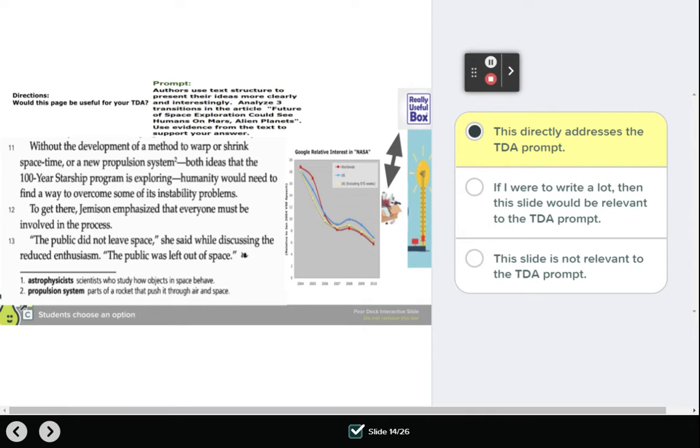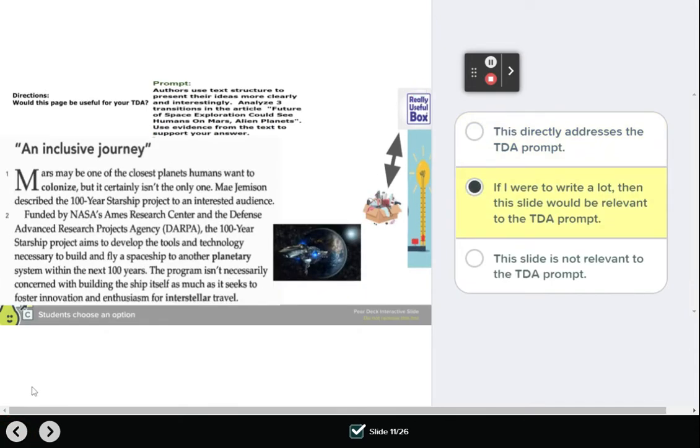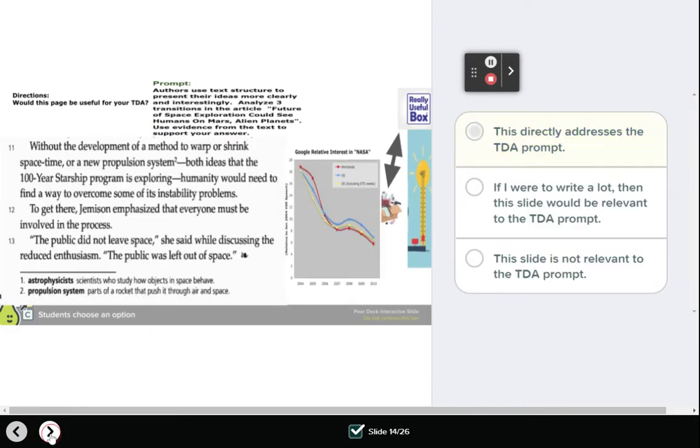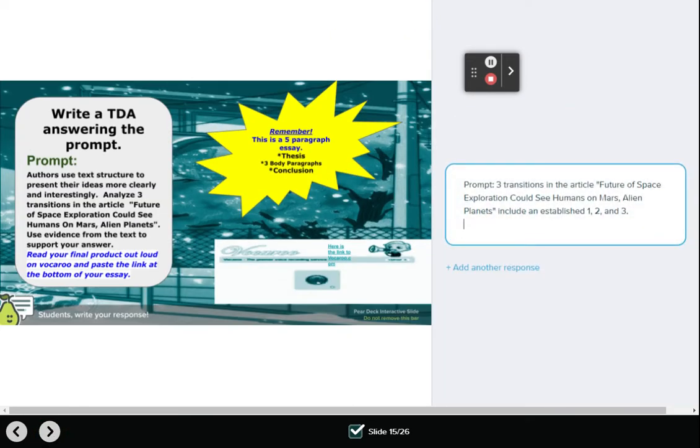I think that transitions the idea, and it also summarizes what they've been saying up to this point, that it has to be an inclusive system. That's the quote right at the beginning, right? An inclusive journey. So let's go with that inclusive journey bit, that bit of context, right? So that quotation. Let's write about that quotation.